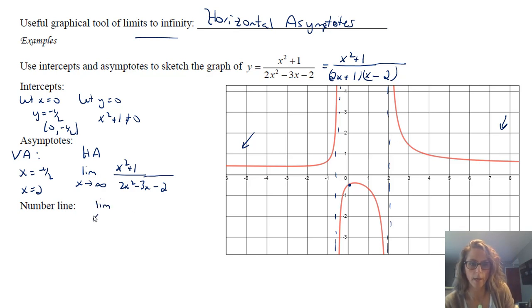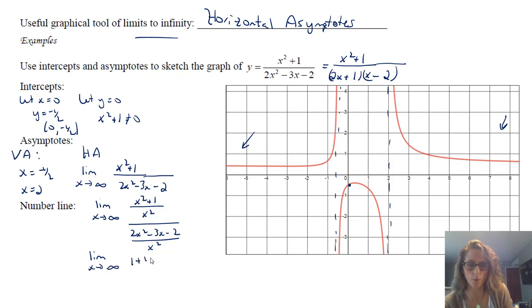So the limit as x approaches infinity, I'd have x squared plus 1 over x squared. In the denominator, we'd have 2x squared minus 3x minus 2 over x squared. And that is going to give us the limit as x goes to infinity of 1 plus 1 over x squared over 2 minus 3 over x minus 2 over x squared.